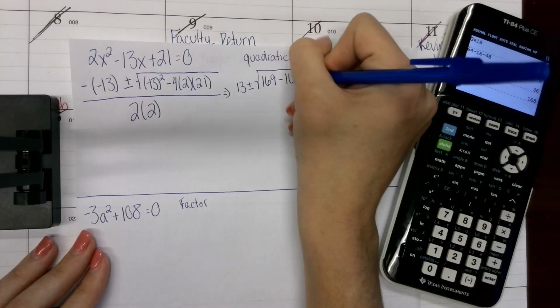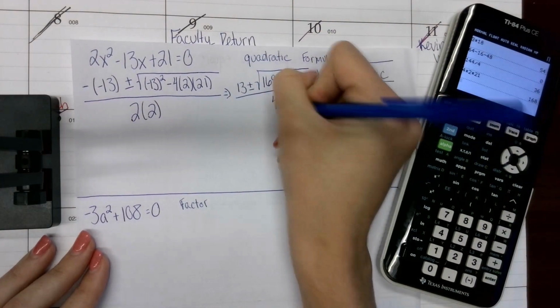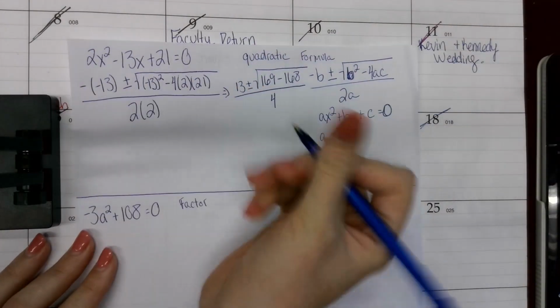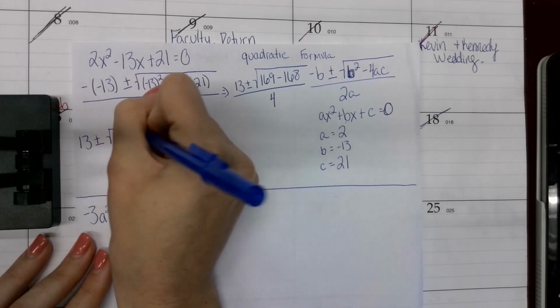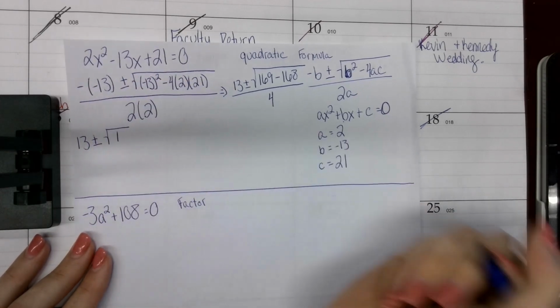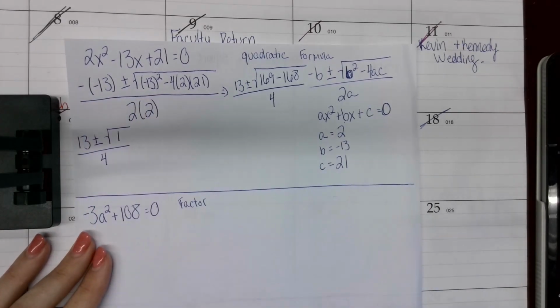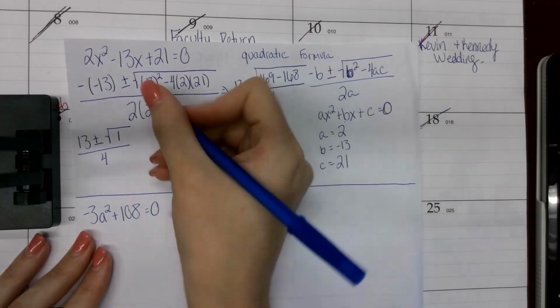Subtract 168. That's going to work out nice for us. All over 4. Now I'm going to scoop it back down to here. So I'm going to have 13 plus or minus the square root of 1, all over 4. Because 169 subtract 168 is 1.